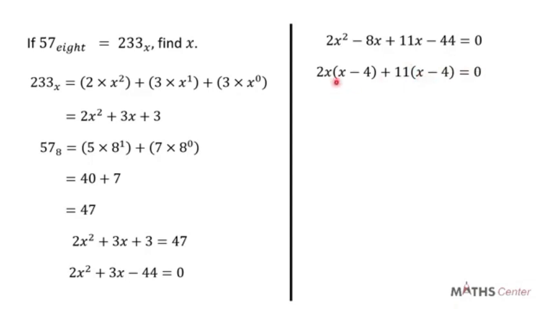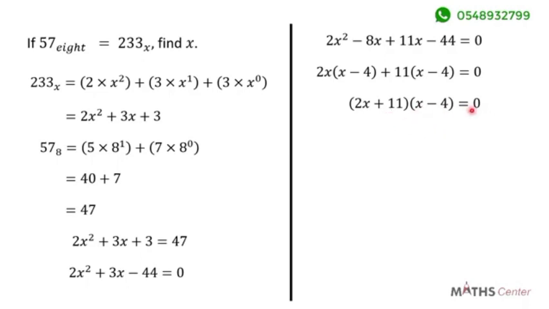So we have 2x into bracket x minus 4 plus 11 into bracket x minus 4, and this is equal to 0. We have x minus 4 here. So we will put one of them into a bracket, and then we will put 2x plus 11 into another bracket. So 2x plus 11 in one bracket times x minus 4, and this is equal to 0.